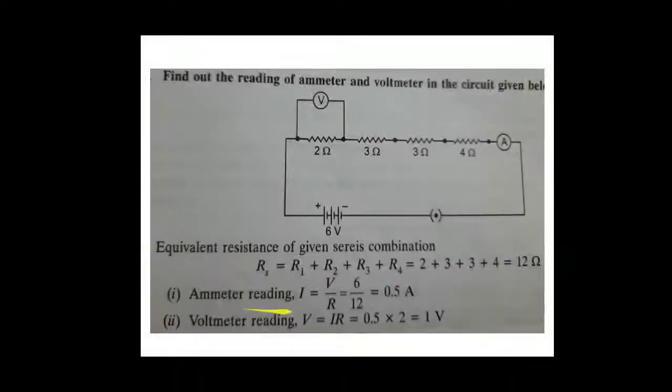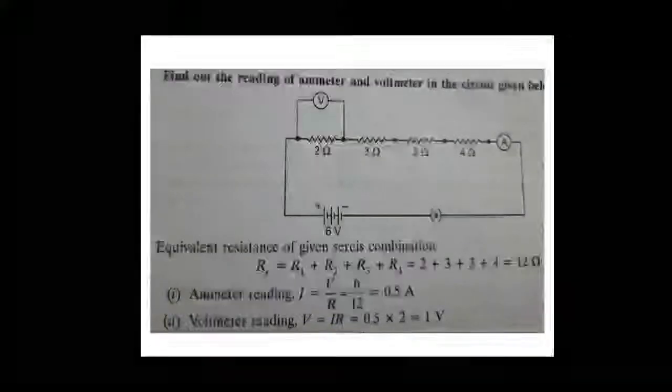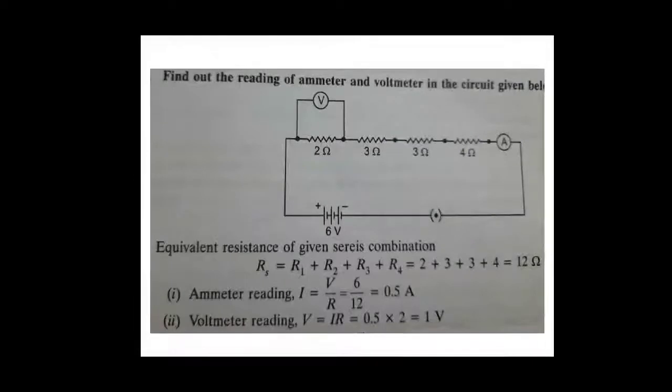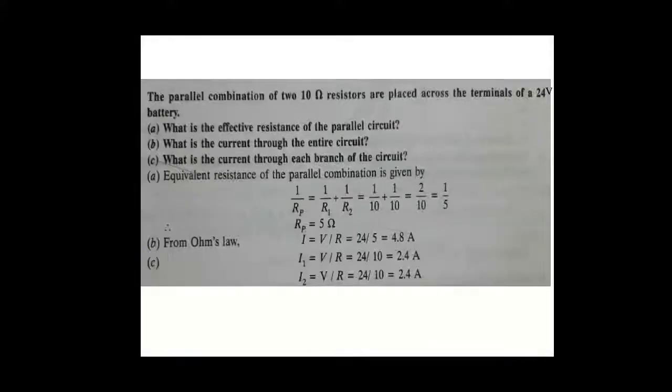The ammeter reading will be potential difference by total resistance, which is equal to 0.5 ampere. The voltmeter reading, the voltage across this 2 ohm resistor, will be given by the current across it, 0.5, multiplied by the resistance, 2, that is 1 volt.